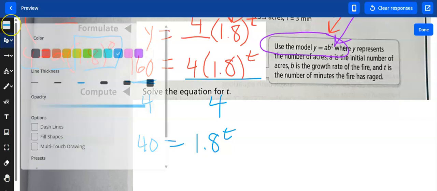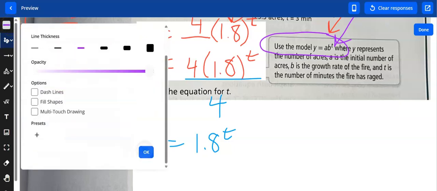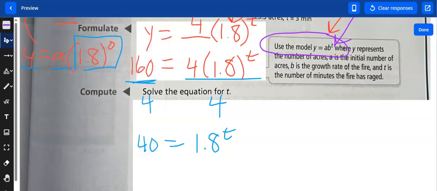The big question you have is, what are you going to do now? What are we going to do to both sides of the equation? Log both sides, right? So that's what you should do right now in your notes. Take the log of both sides of the equation.